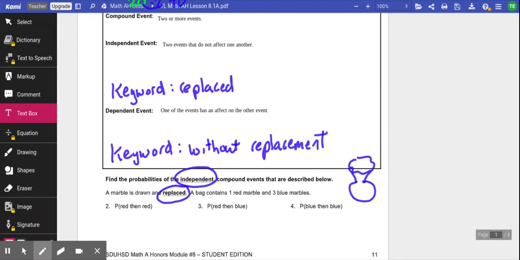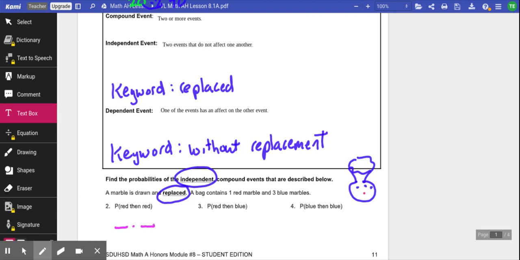Okay, so here my bag has 1 red marble and 3 blue. 1, 2, 3 blue, and 1 red. Okay, it says, what is the probability of getting a red and then a red? So I see that I have 2 things that I'm doing. 1, 2.